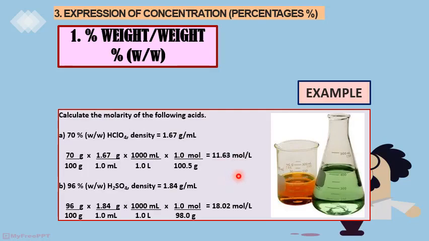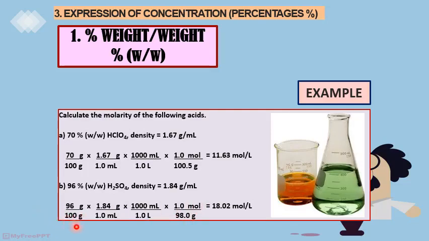Now look at example B. Look at the question. 96% weight per weight sulfuric acid, given density 1.8 gram per milliliter. Calculate the molarity. Molarity must be mole per liter. So 96% weight per weight means 96 gram per 100 gram. Convert 96 gram by dividing by molecular weight, so you cancel out the gram and get the answer in mole.